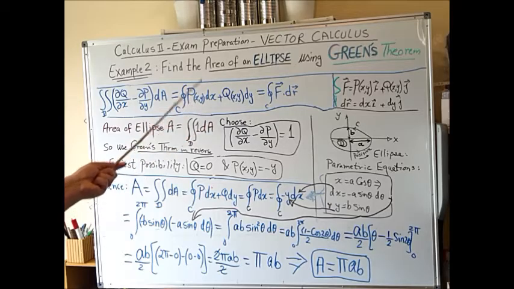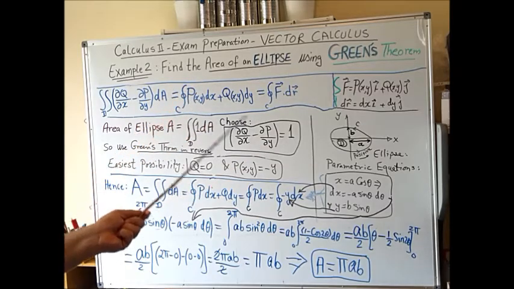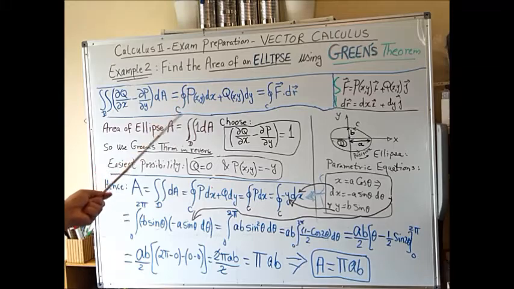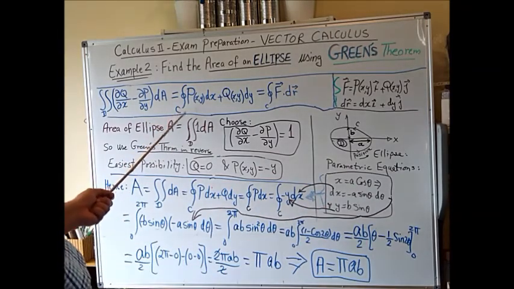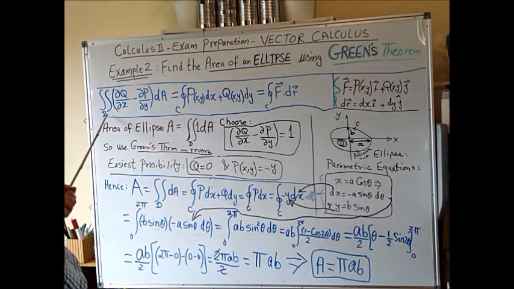This is a line integral over the curve C, and it equals the double integral over the region enclosed by the curve C. In this case, where we are trying to find the area of the ellipse, the region is the ellipse, and C is the boundary of the ellipse.